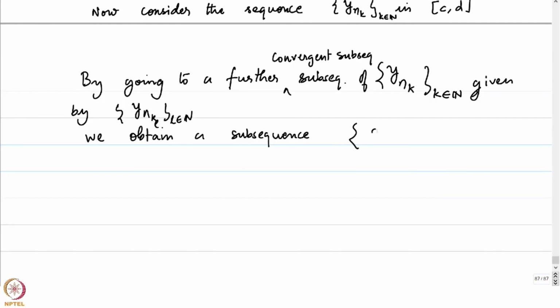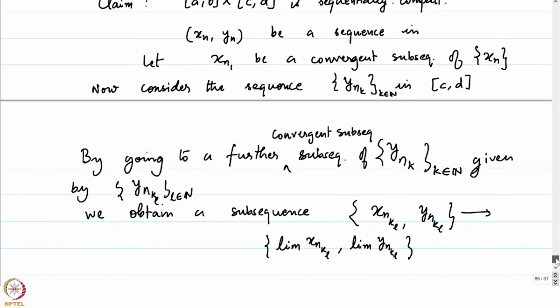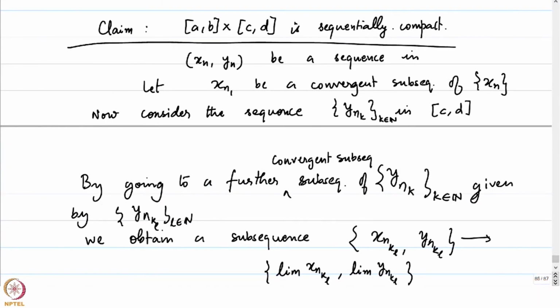Consider the subsequence xnkl, ynkl and prove that this is converging to the limit of xnkl and the limit of ynkl, which in particular belongs to AB cross CD, and therefore we have just shown that AB cross CD is sequentially compact. That was the second claim.